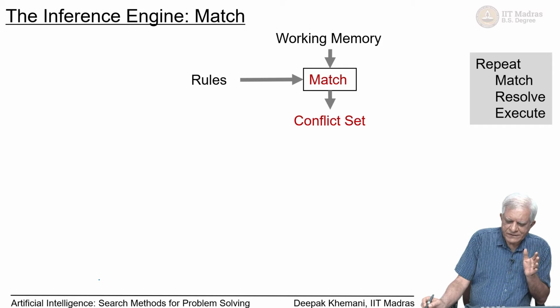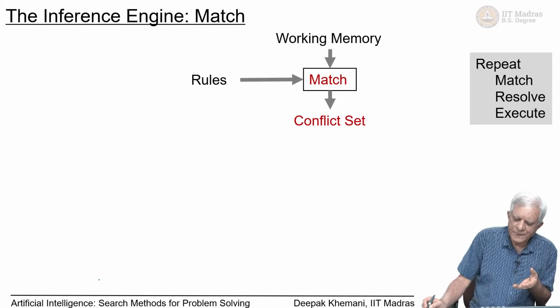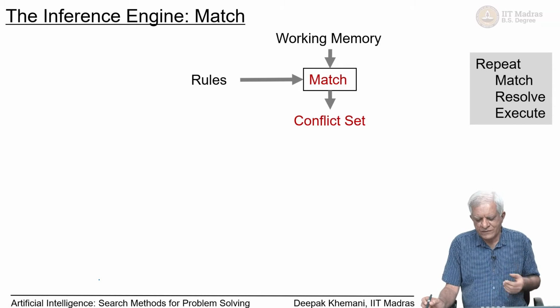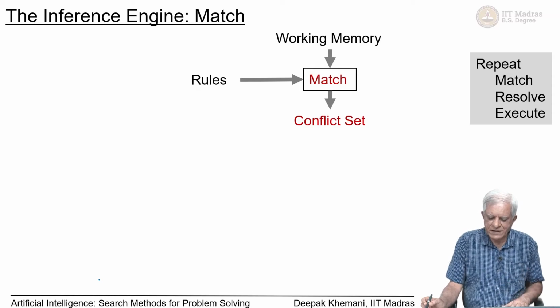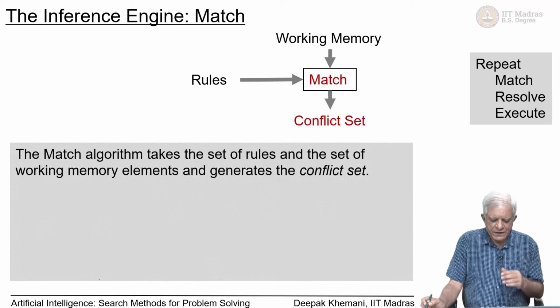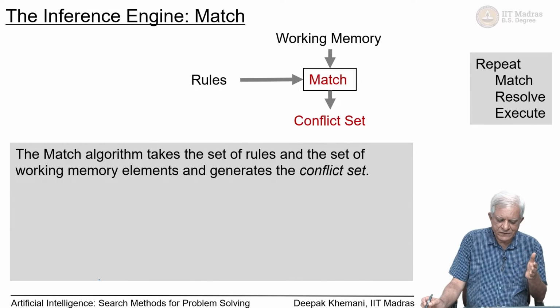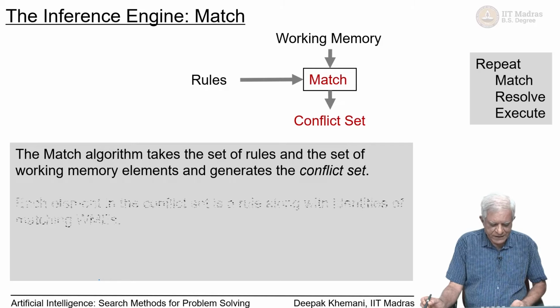So, the first phase of this cycle is match. The match takes as input all the rules, that is the long term problem solving memory of the agent, and the working memory, which is the short term memory, which says what is the problem we are solving and what is the state of solving that problem, and it produces a set which traditionally has been called the conflict set. So, the match algorithm takes a set of rules and the set of working memory elements as input and generates the conflict set.